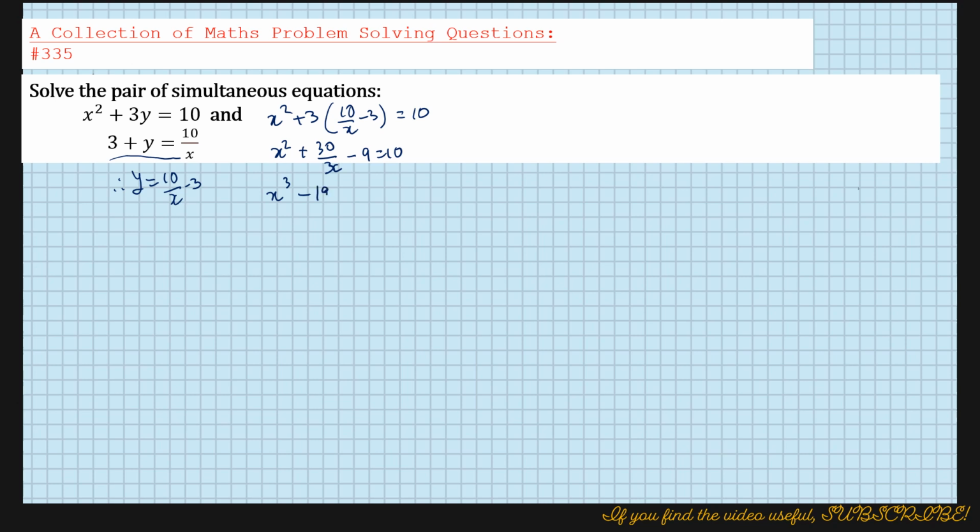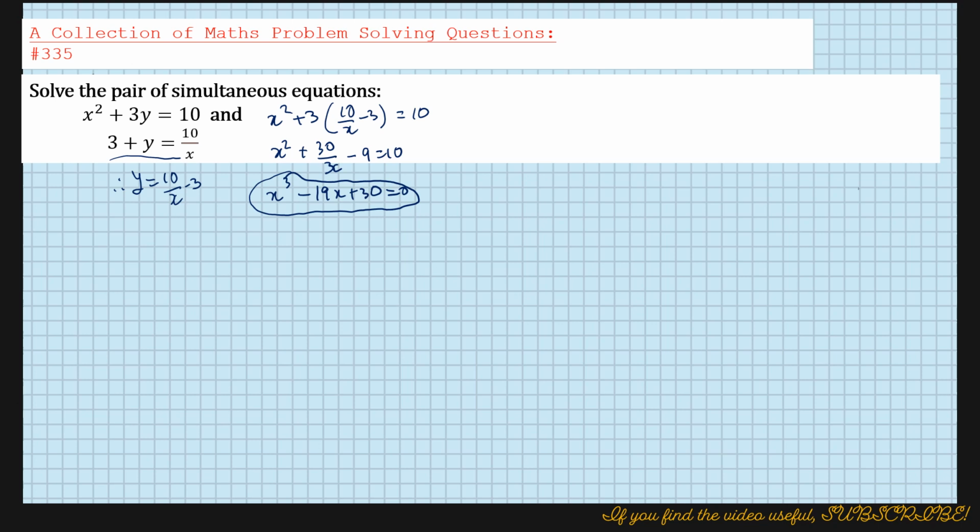So minus 19x plus 30 equals 0. So you see this term, you have x to the power 3, a cube root, so there'll be 3 roots.